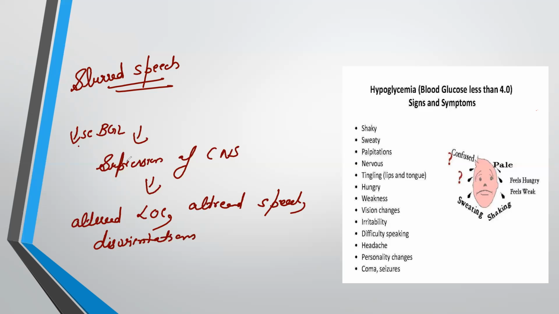All these happen due to the suppression of the central nervous system, and that leads to slurred speech.